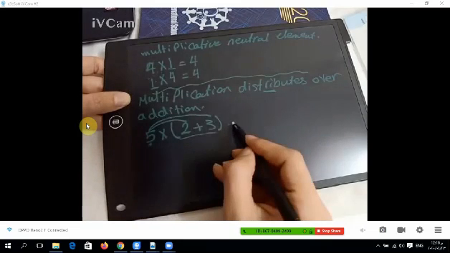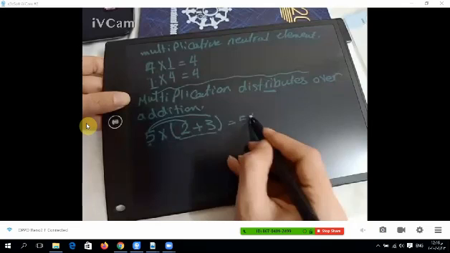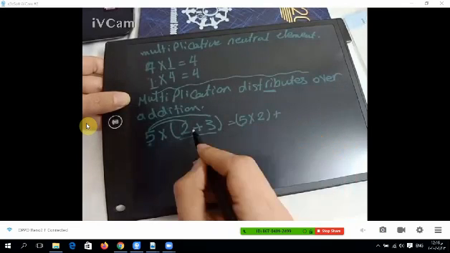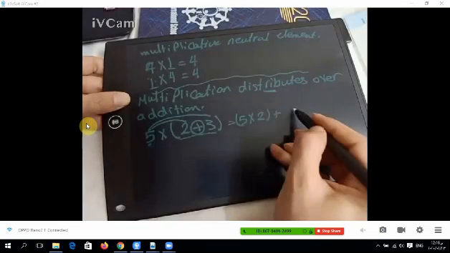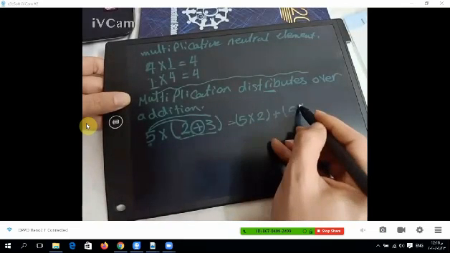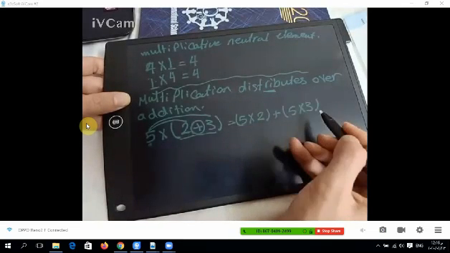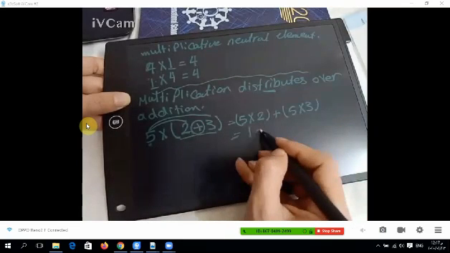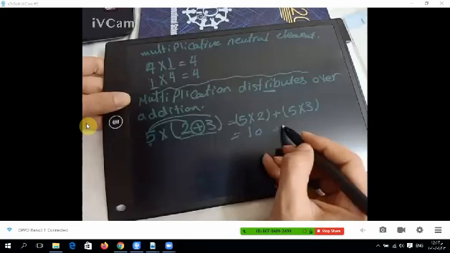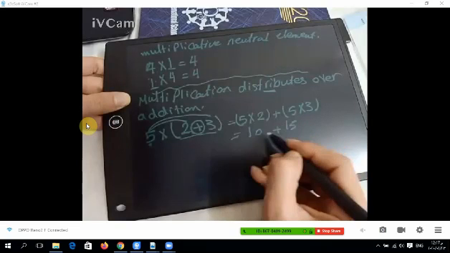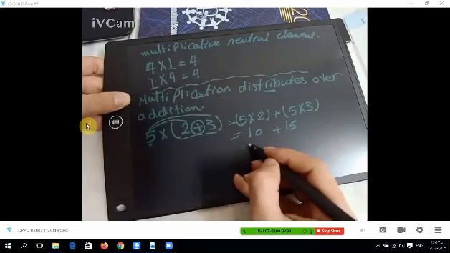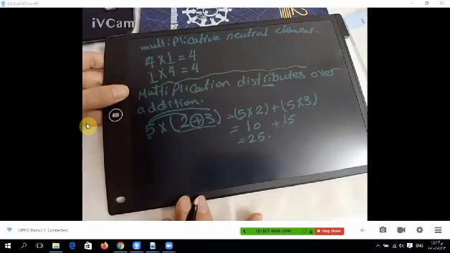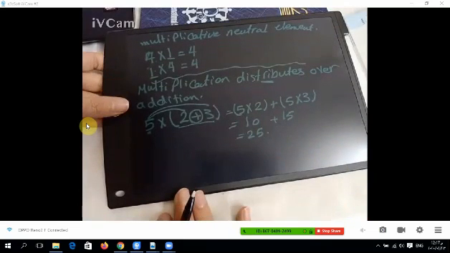So this is equal to 5 times 2 plus, because this is plus, 5 times 3. Now we can answer it. 5 times 2 equals 10 plus 5 times 3 equals 15. So 10 plus 15 equals 25.